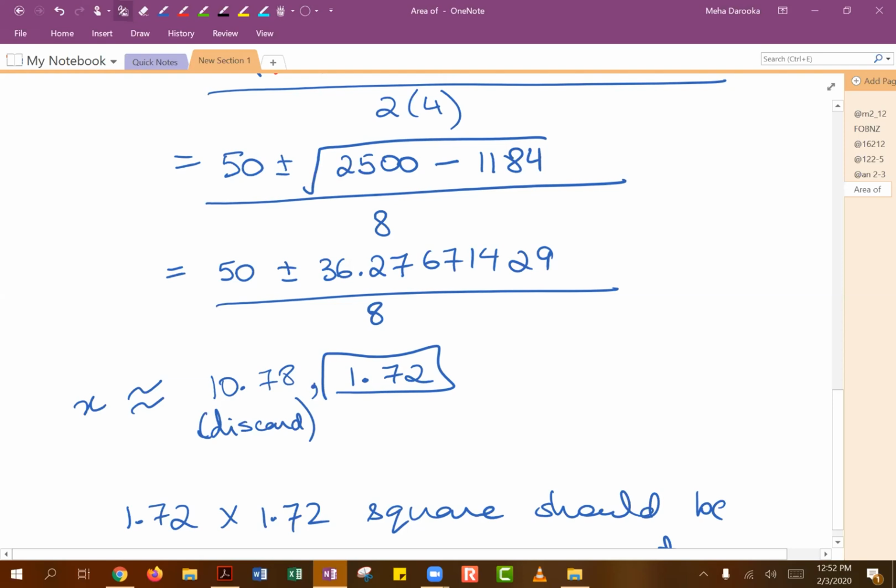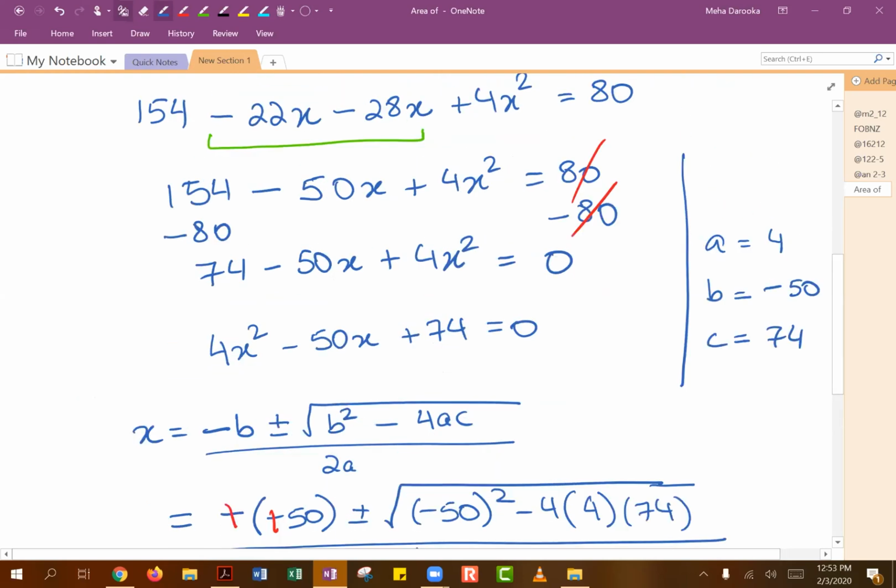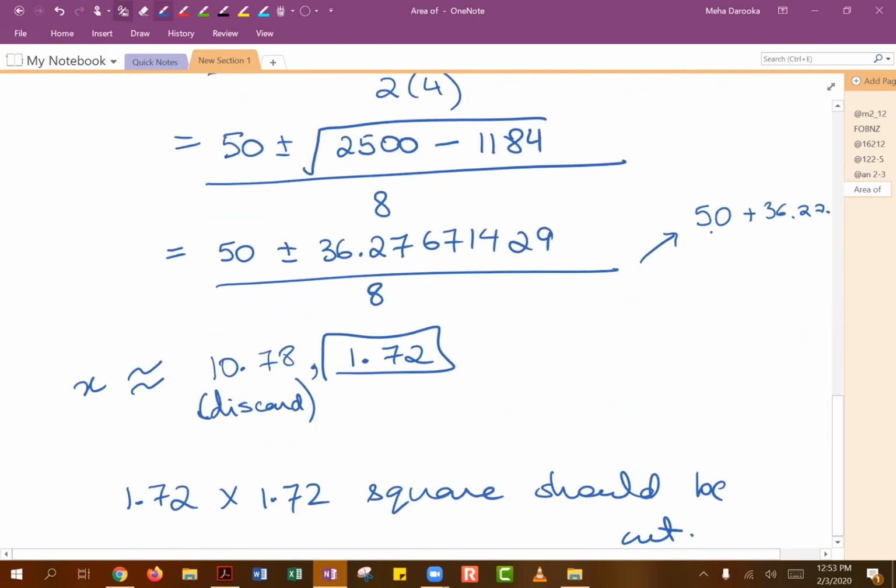So this one would actually split up into 50 plus 36.27 divided by 8, and 50 minus 36.27 and all those numbers after that divided by 8.